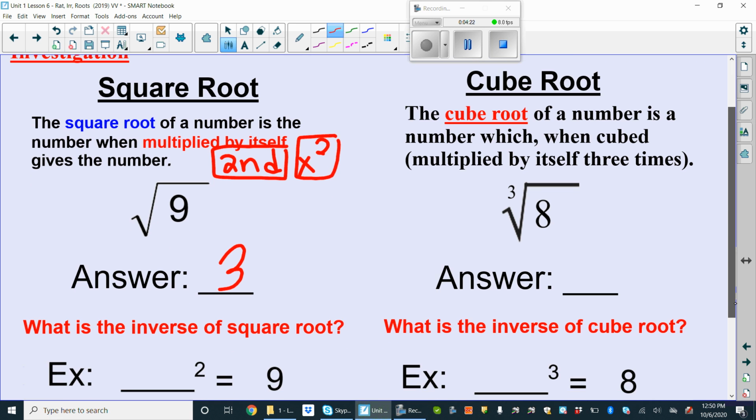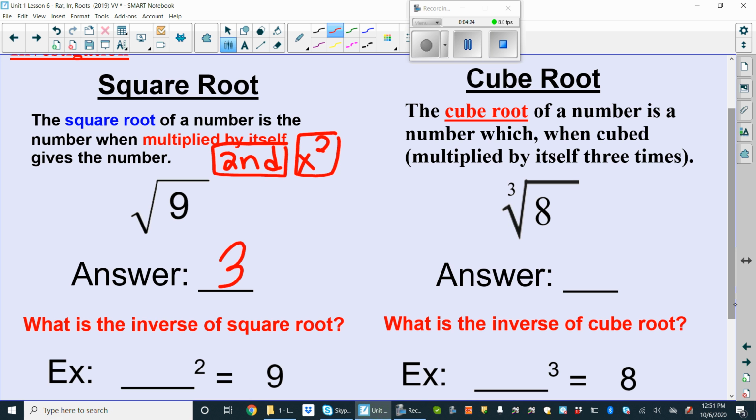And we see here that it's asking, what is the inverse of a square root? Like we've always seen, the inverse of addition is subtraction, and the inverse of multiplication is division. So the inverse of the square root is squaring. When we want to get rid of a square root, you would square it.